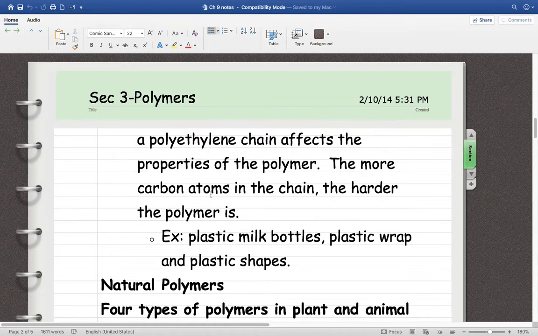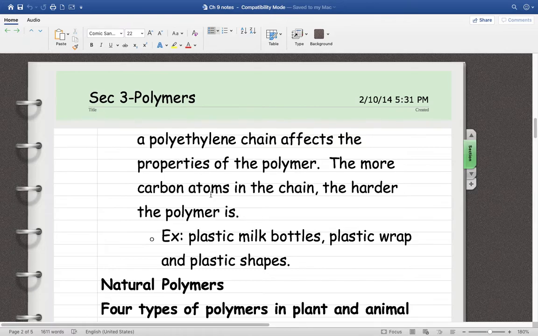So some examples of polyethylene are plastic milk bottles, plastic wrap, and plastic shapes. Think of plastic wrap and how easy that is, like Saran Wrap. And then you think of plastic milk bottles, which you can crush, and then a plastic shape like a Mr. Potato Head or something. Those get harder.